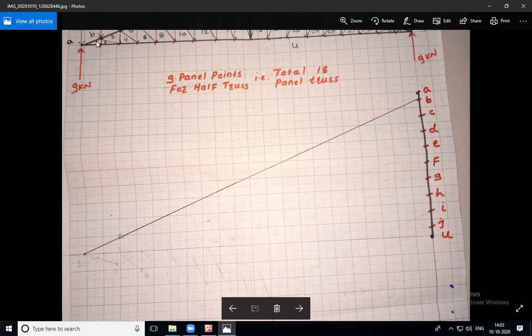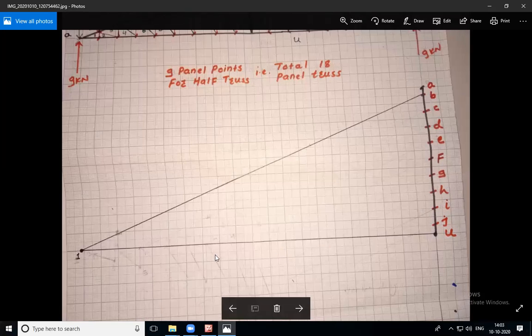So 1 to U is a horizontal line. Draw one line parallel to this horizontal line from U in the vector diagram. Start from U and draw one horizontal line, and that horizontal line will cross this B1 line somewhere. After crossing that B1 line, you will get the location of point 1. So we have the location of 1 now.